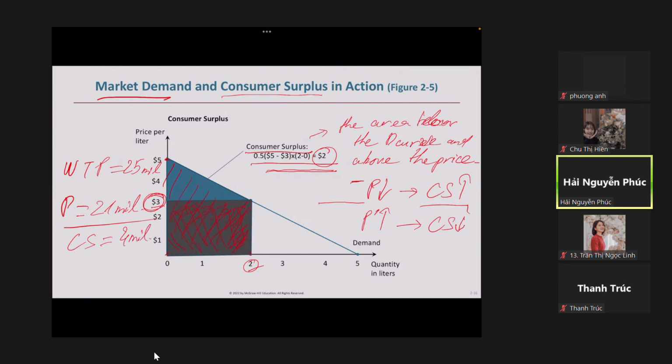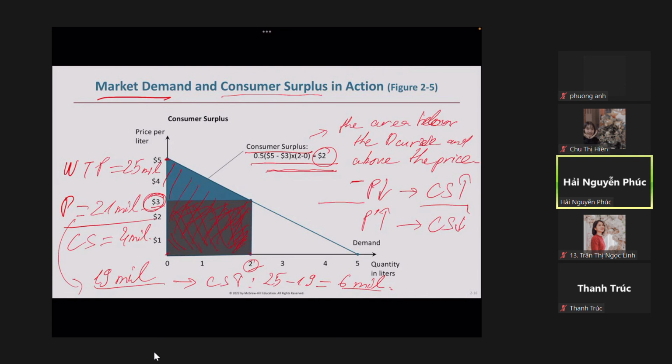If the price goes down, for example a discount is applied and the actual price to be paid is only 19 million, the consumer surplus will increase. It is going to be 25 minus 19, equal to 6 million. All right, understand?